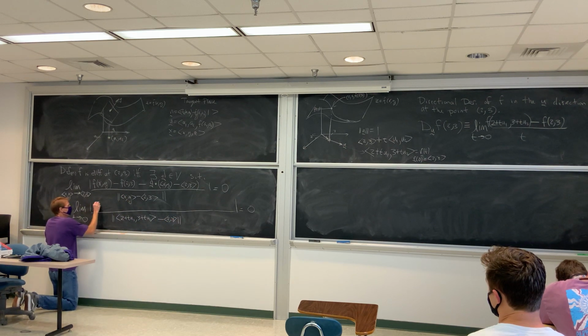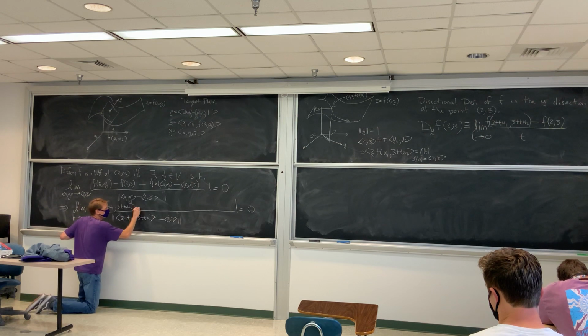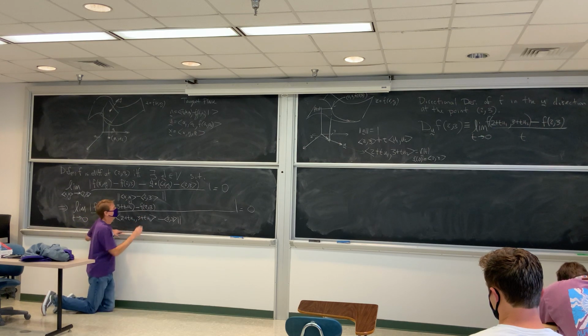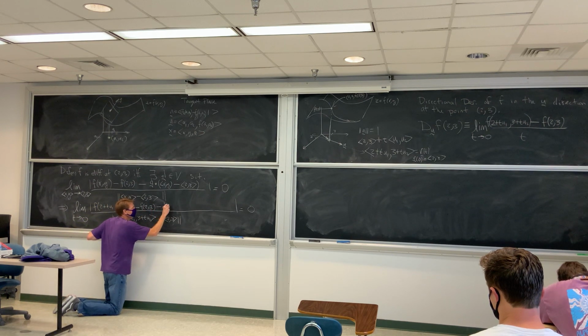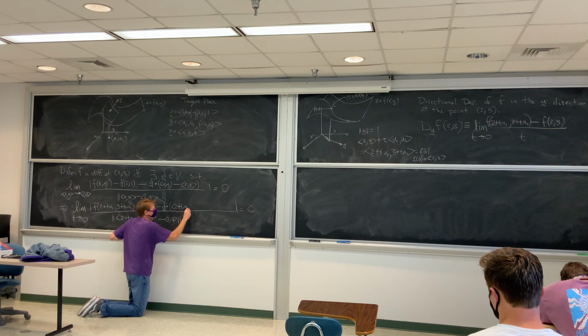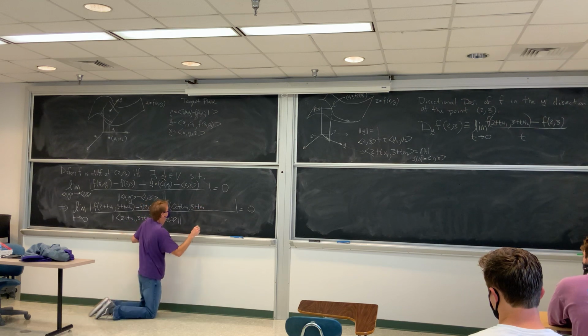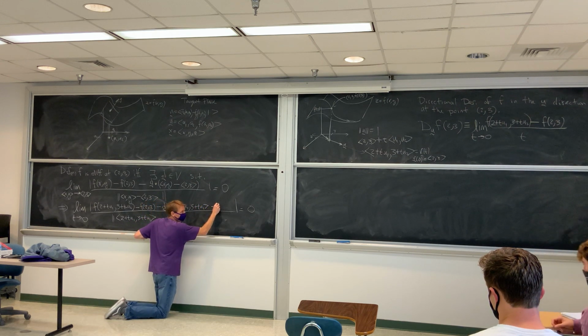Okay, and then I would have f of 2 plus t u1, 3 plus t u2, minus f of 2, 3, minus d dot the vector t u1, t u2, all over the norm of the vector t u1, t u2.